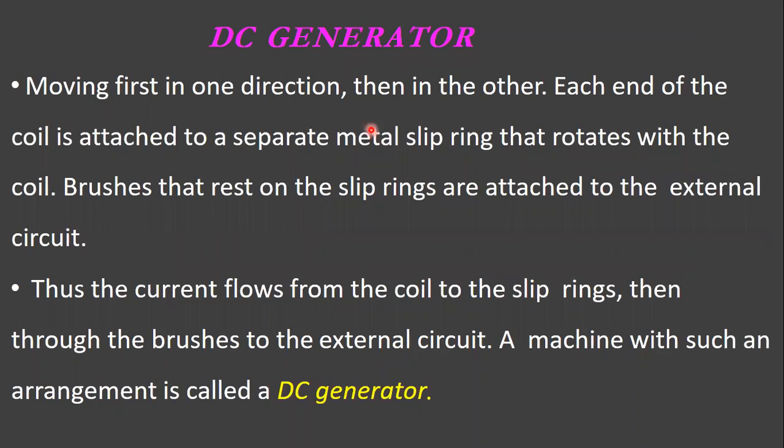In a DC generator, the coil moves first in one direction, then in the other. Each end of the coil is attached to a separate metal slip ring that rotates with the coil.